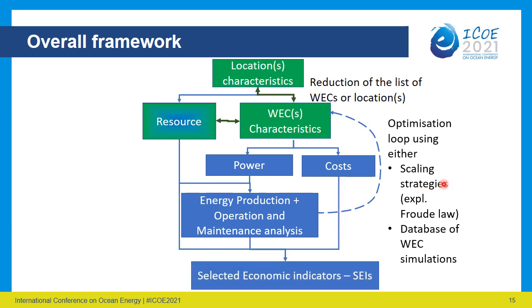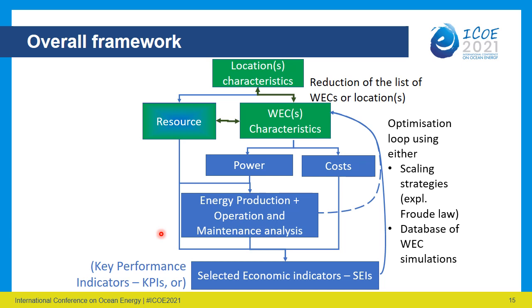However, the final step is to estimate the cost of the farm and of the operation and maintenance in order to eventually obtain the selected economic indicators, also based on the energy produced, by the way. This should ultimately lead to the final WEC location pairing.